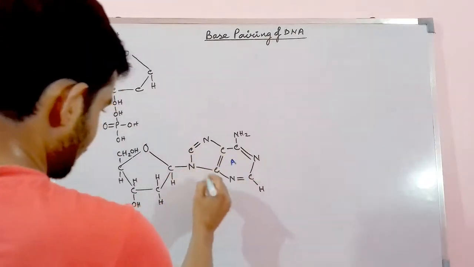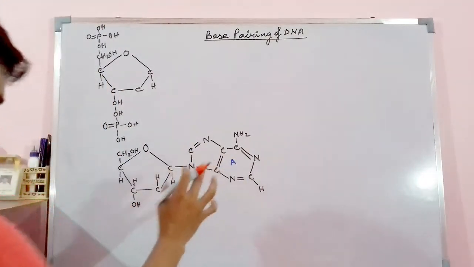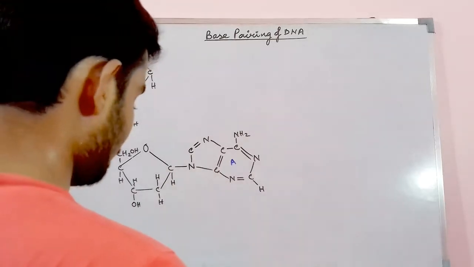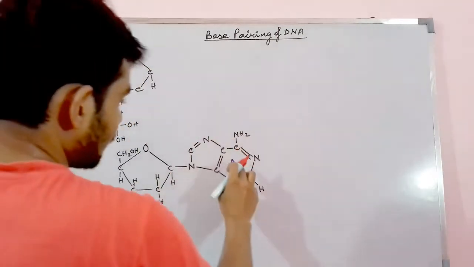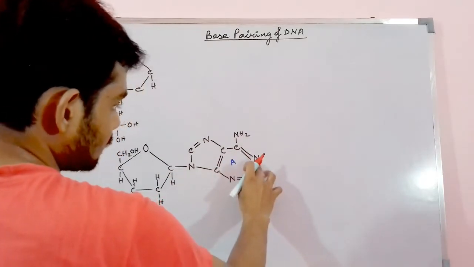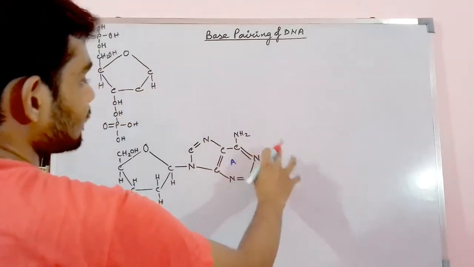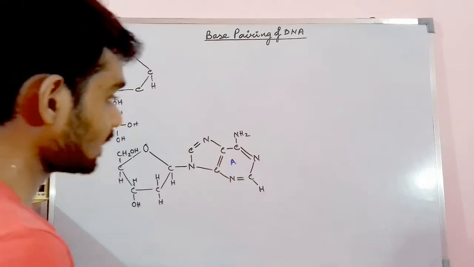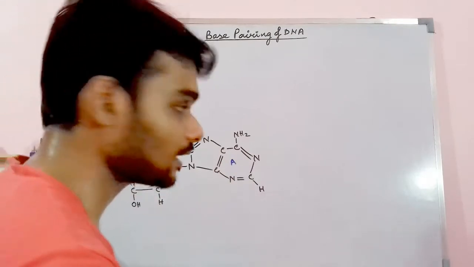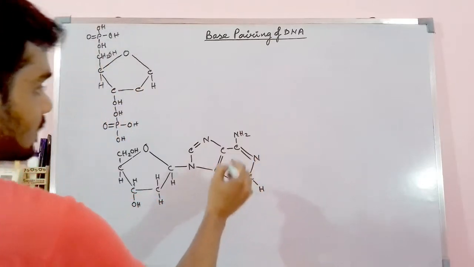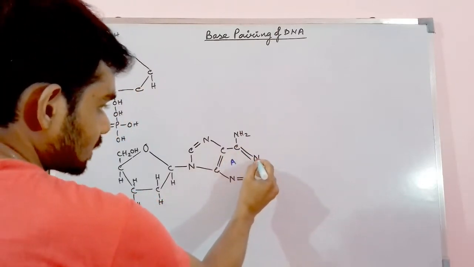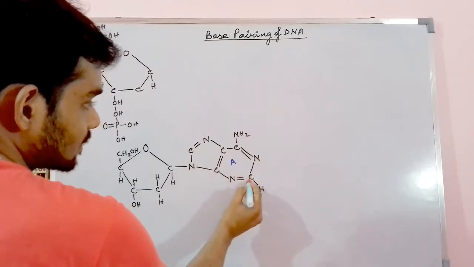Now let me number the positions of the ring. Always remember, in case of the purine, the numbering starts from this larger ring. The numbering starts from the lone nitrogen, which is not sharing its electron pair with any other radical or atom. So this is the lone nitrogen which has a double bond with this carbon, and there is a partial double bond characteristic present with this carbon atom.